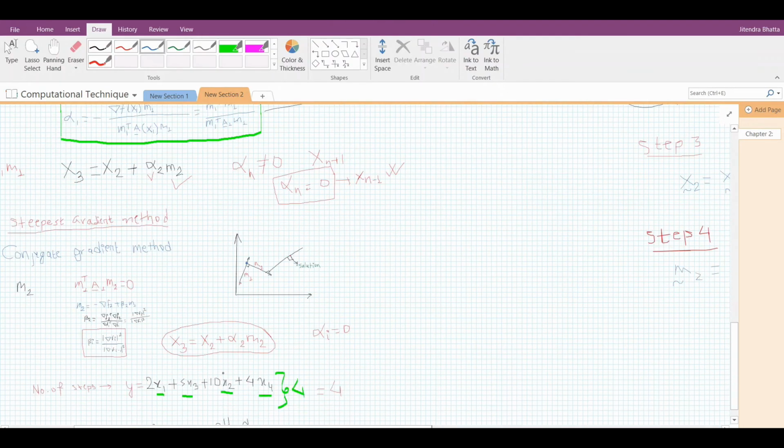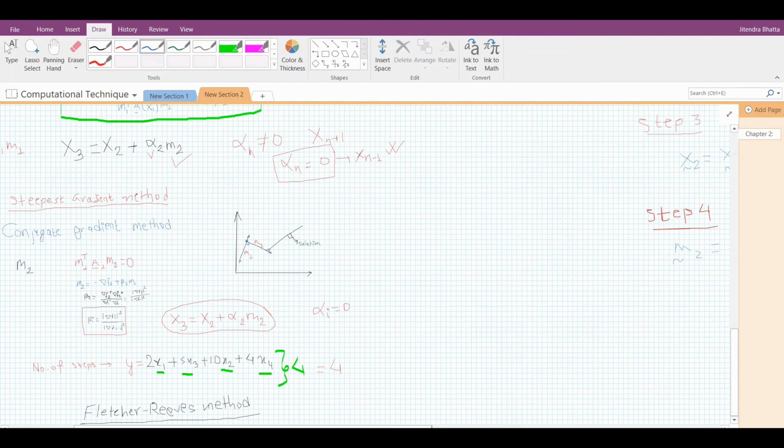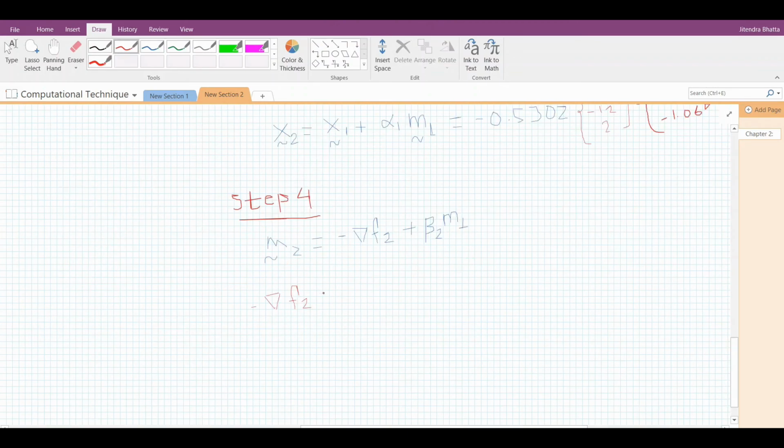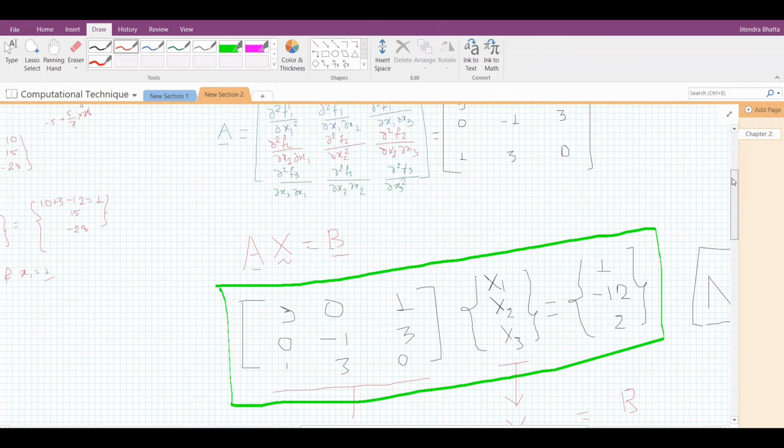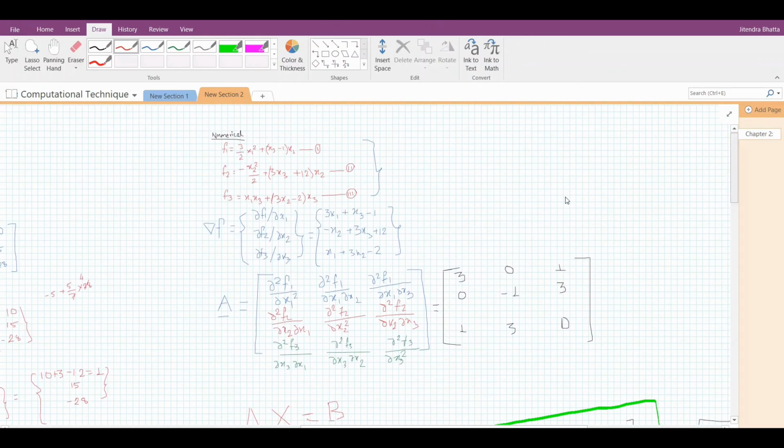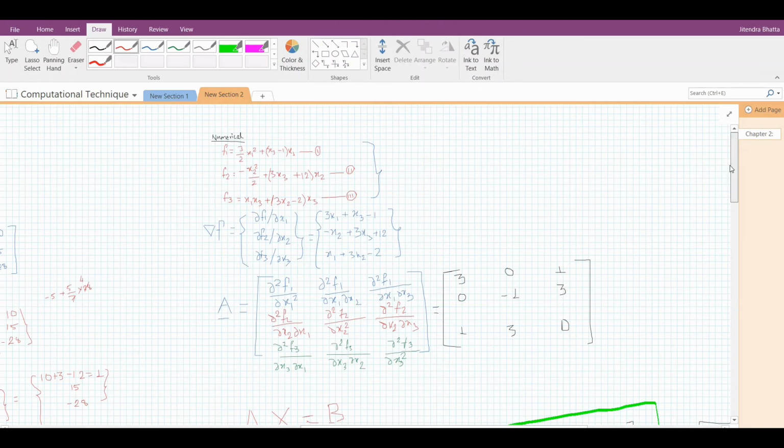Our m2 for this case equals to negative of, now at that point at x1 we have to put these values here and obtain our values.